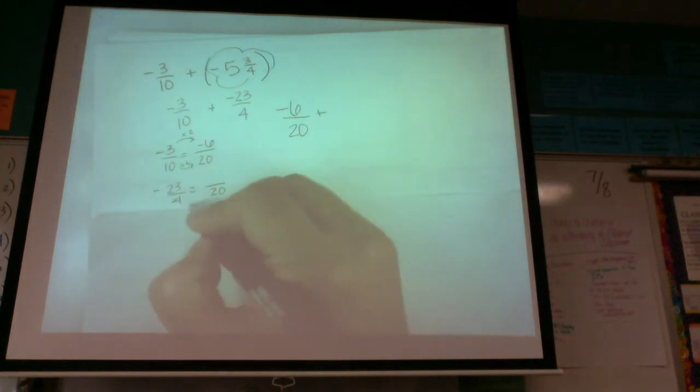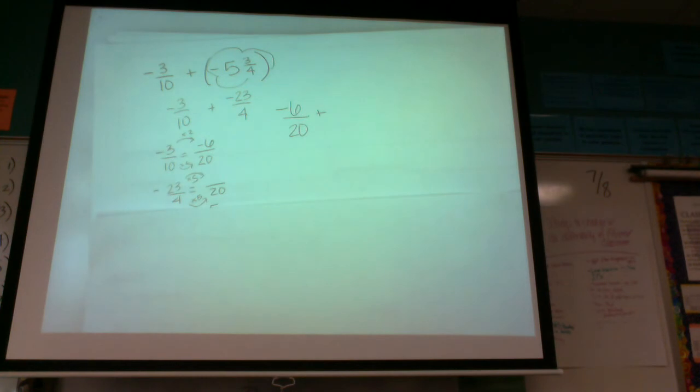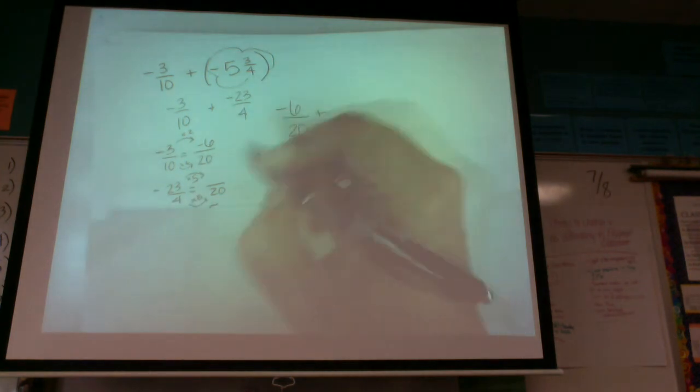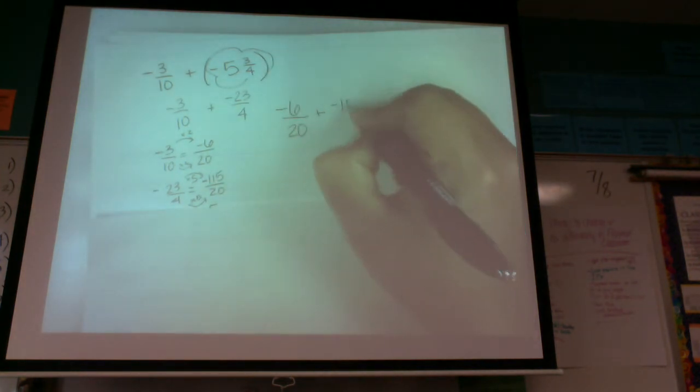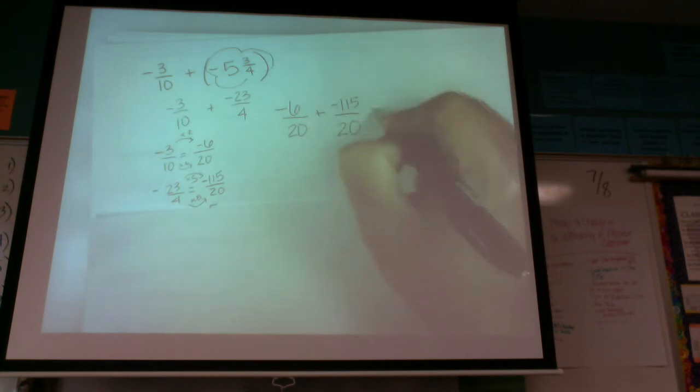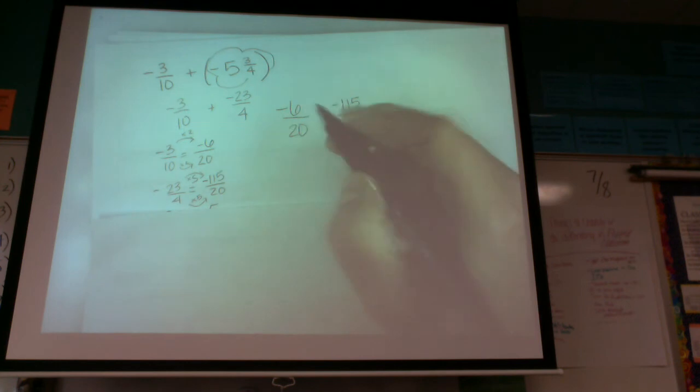Well, 4 times 5 is 20, so 23 times 5 is going to be 115. Oh, and a negative, because that's negative there. My common denominator is just going to stay the same. It's going to be that 20 there.